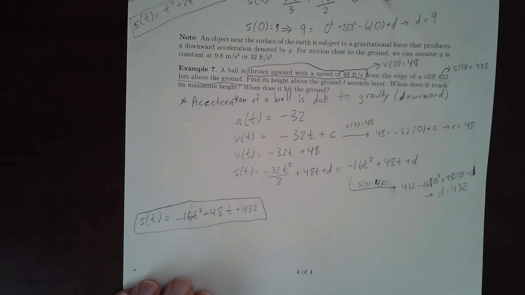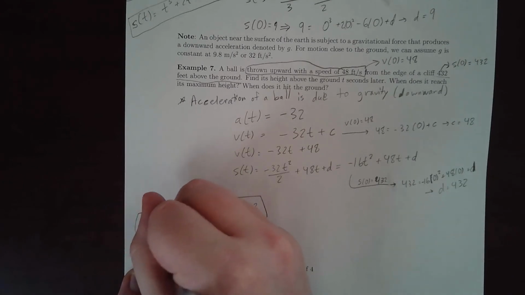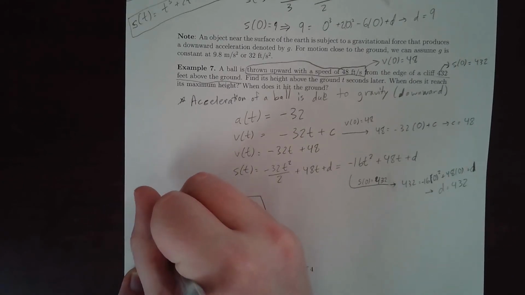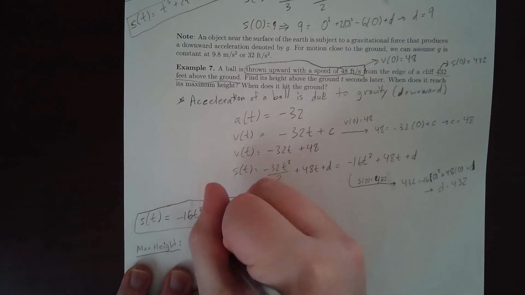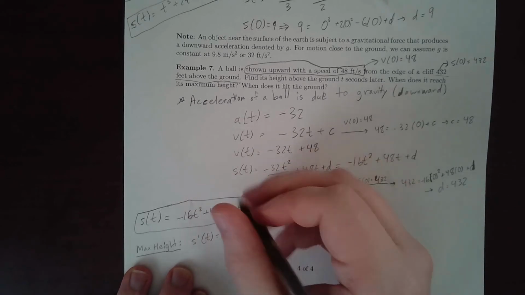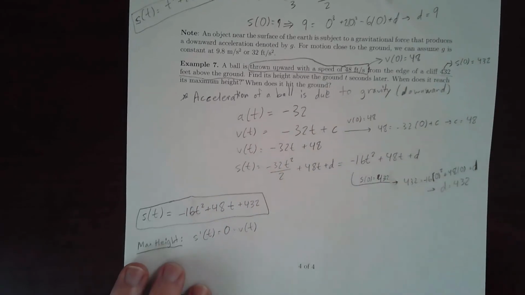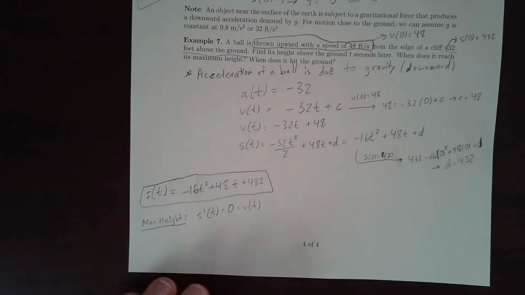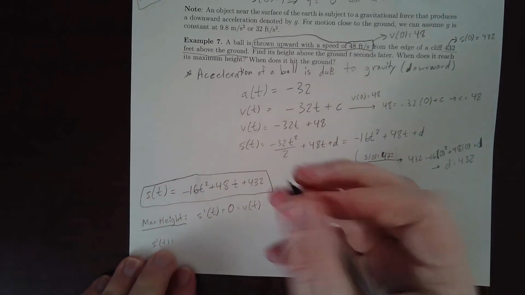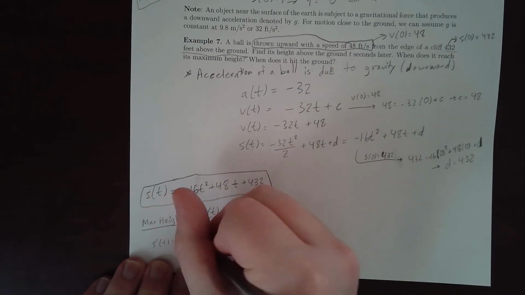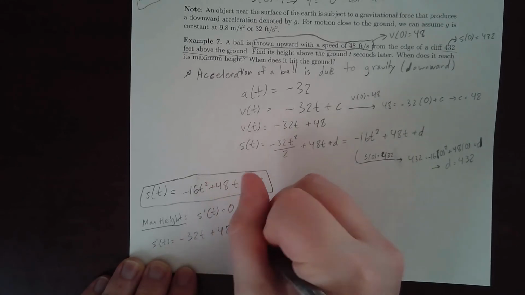We want to know when it reaches its maximum height. What that means is for the max height, we need s prime of t to equal 0. But remember, s prime of t is just v of t. So we need v of t to equal 0. All right, well, that's easy enough. S prime of t is going to be negative 32t plus 48, and we want it to equal 0.